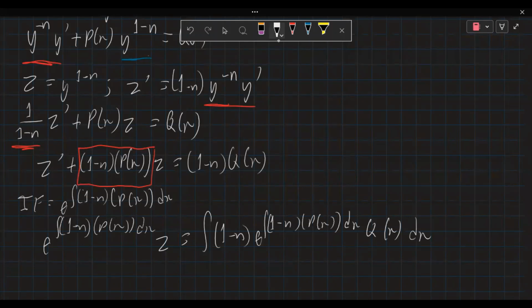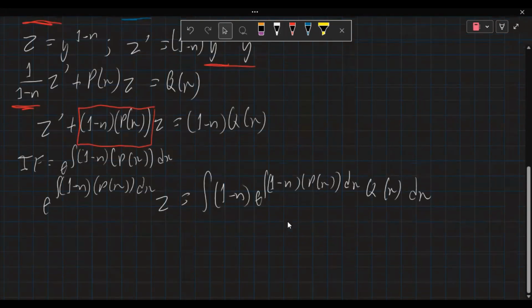And then what we can do now is once you've solved all this, tapos may constant, we substitute it back to z. So every instance that we have z here, we just have to substitute it back. So we know that z is equals to y to the power of 1 minus n.